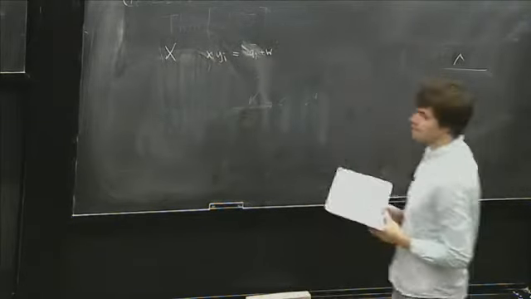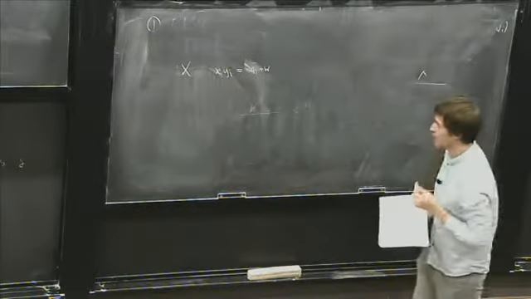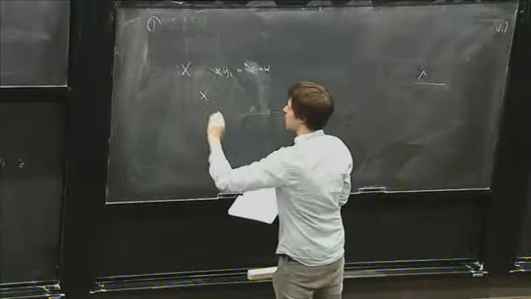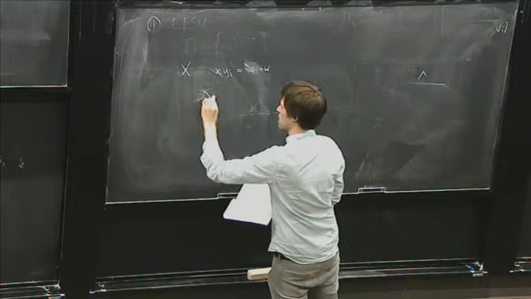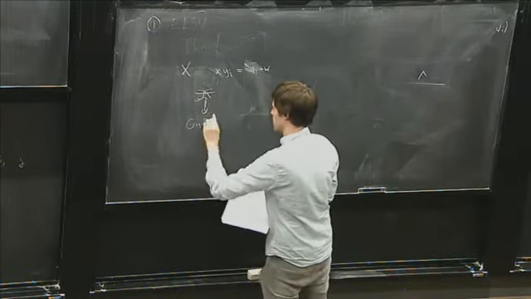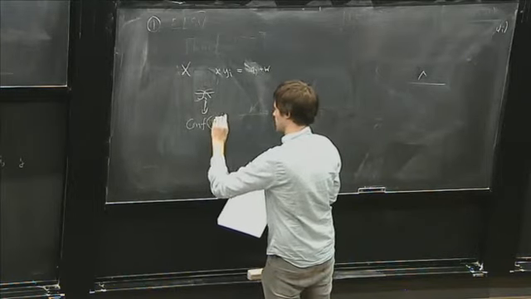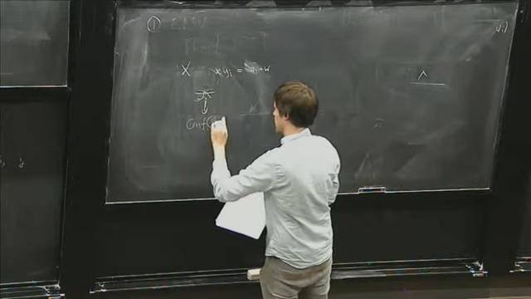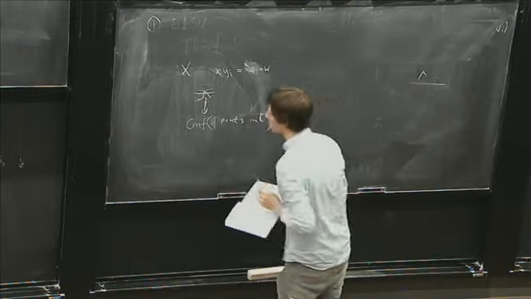Well, you can imagine varying these ai's, and you get a fibration over this. You get an entire family over the configuration space of I points in C star.